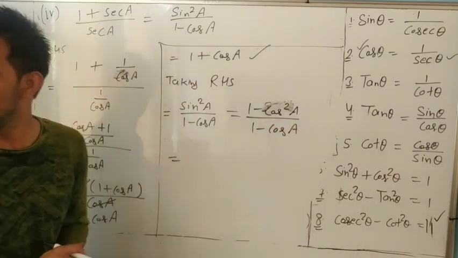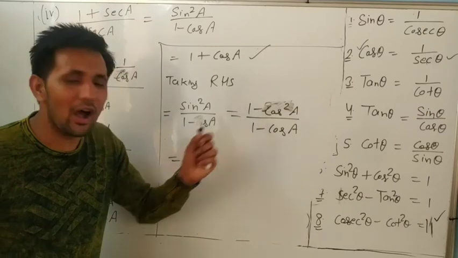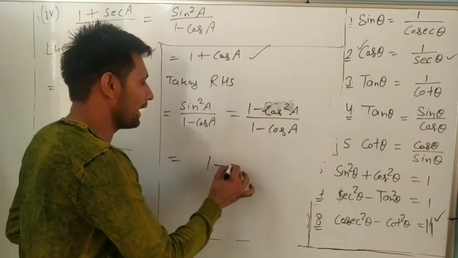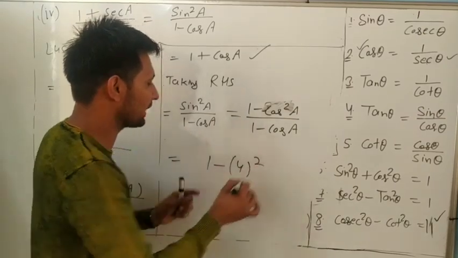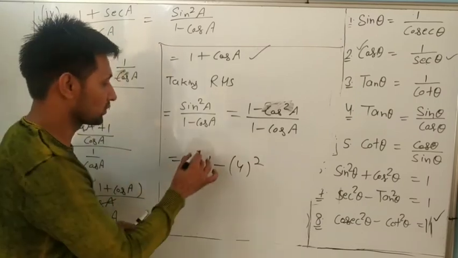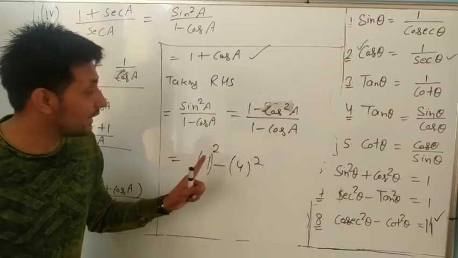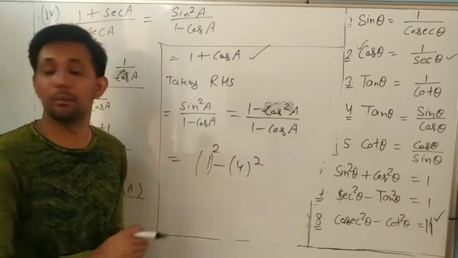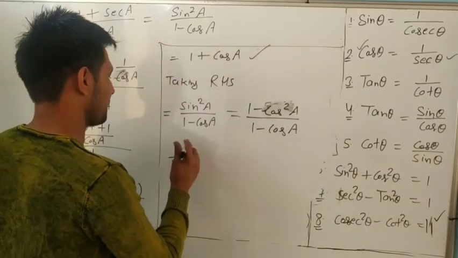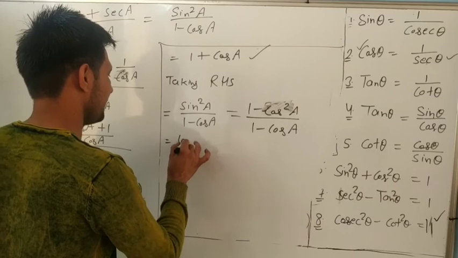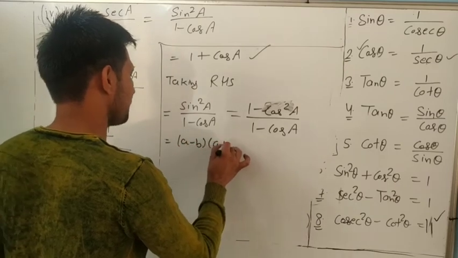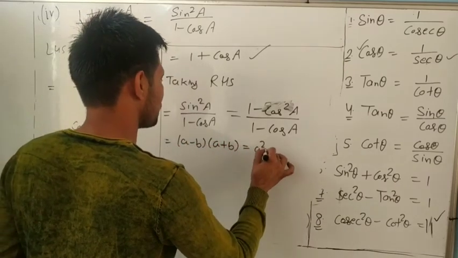Understand, dear? Always remember, 1 minus any number's square: 1 square is 1, so it is a square minus b square. Always remember the formula: a minus b into a plus b is always a square minus b square.